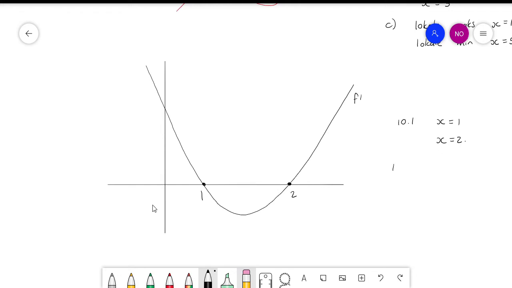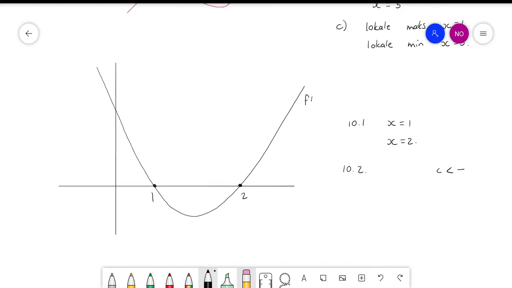Now for the next one, we need to state whether they are local maximums or local minimums. So do you guys agree that for x smaller than 1, we have that, meaning that it will be ascending.